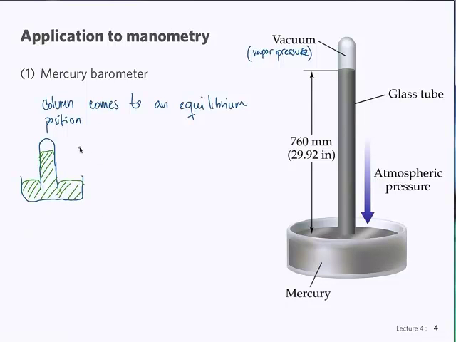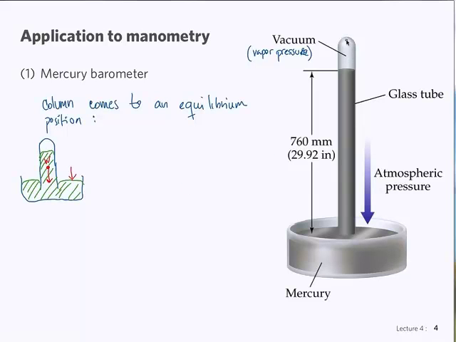And so over here we only have atmospheric pressure. And here this column has some weight. So the equilibrium is going to be the weight of that column of fluid balancing the pressure. This equilibrium position is due to the balance of forces between atmospheric pressure and the weight of the column inside here.